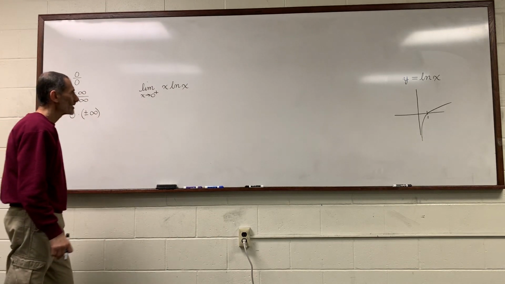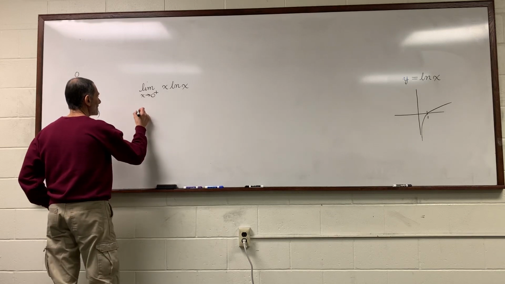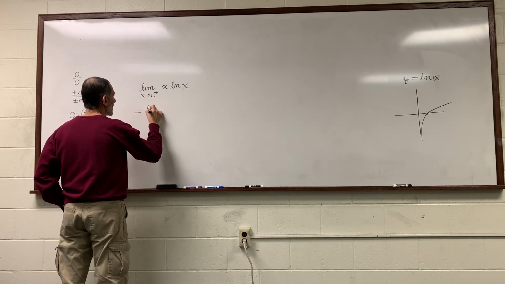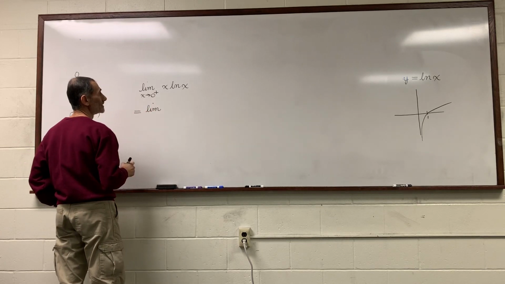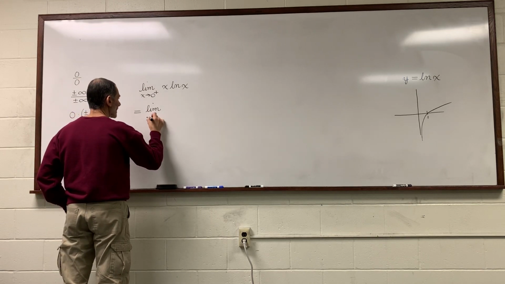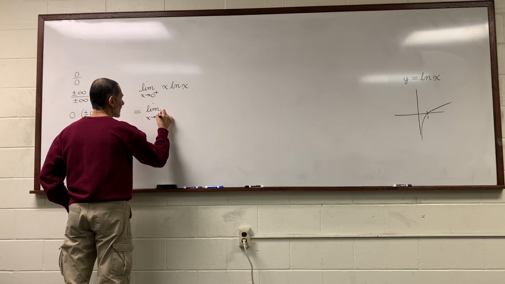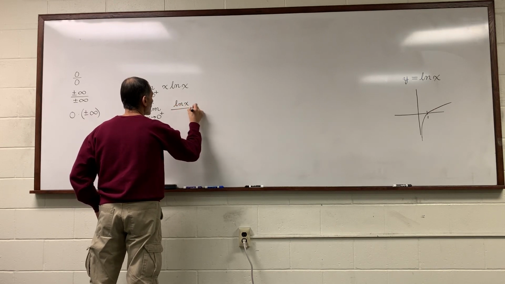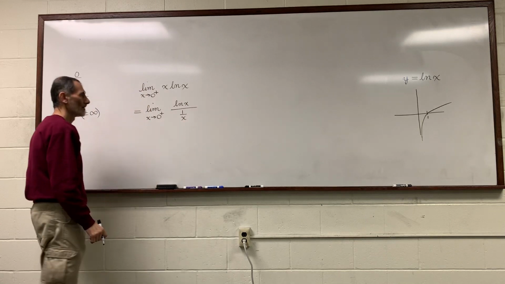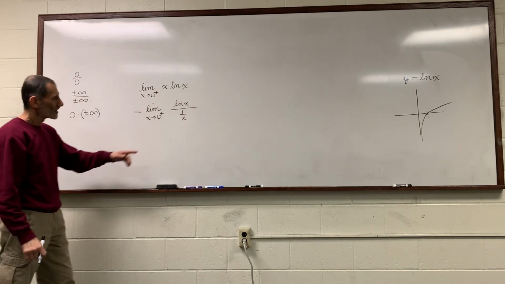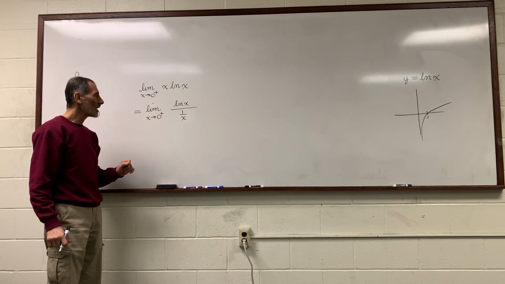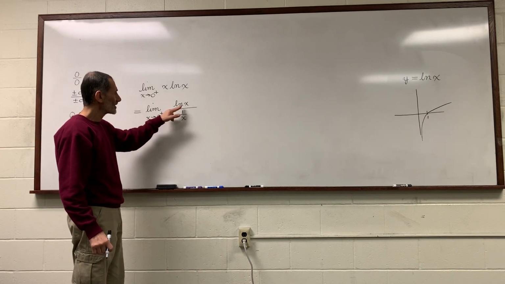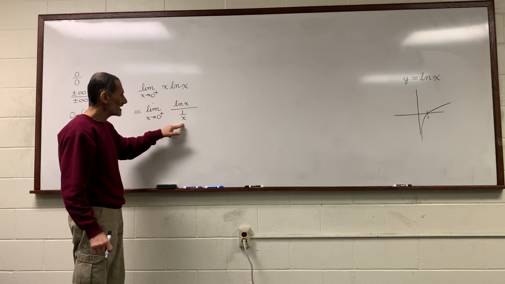So in order to evaluate this limit, I'm going to convert that product into a quotient. We'll call it ln x divided by 1 over x. Now, when we plug in a number approaching 0, we have negative infinity here.